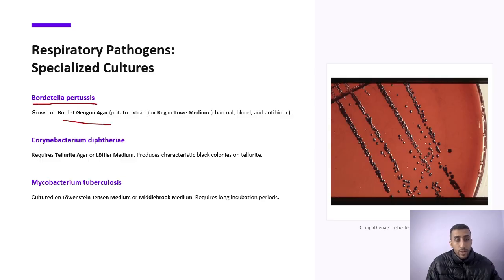Another media that is very important is Bordet-Gengou agar. It is like a potato extract, media with nutrients to help grow Bordetella pertussis, the cause of whooping cough, which we are going to discuss later. We can also use Regan-Lowe media to grow Bordetella pertussis, which contains charcoal, blood, and antibiotics.